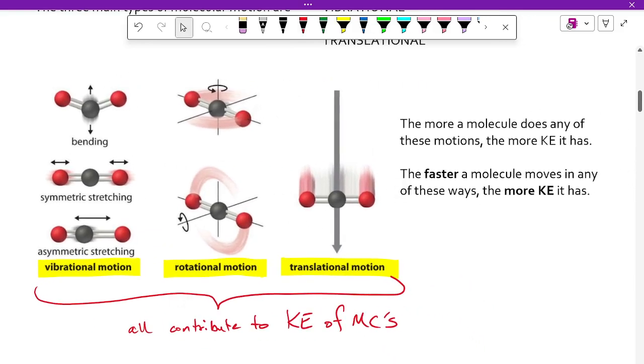The more a molecule does any of these motions, the more kinetic energy it has. The faster a molecule moves in any of these ways, the more kinetic energy it has. Basically, more movement, more kinetic energy.